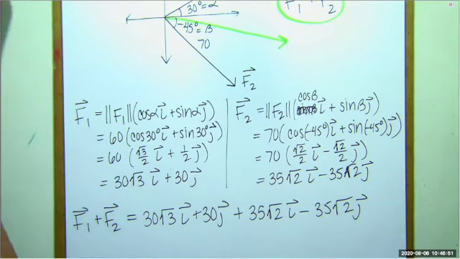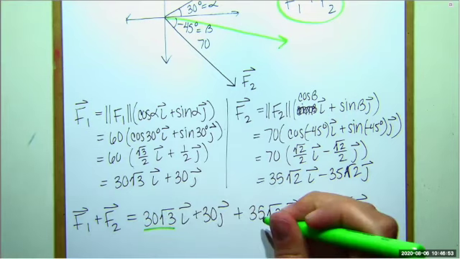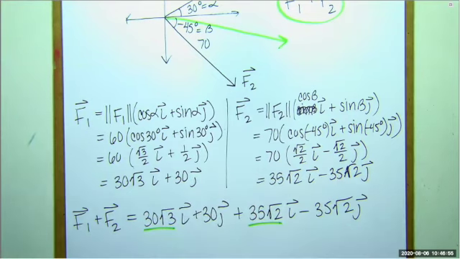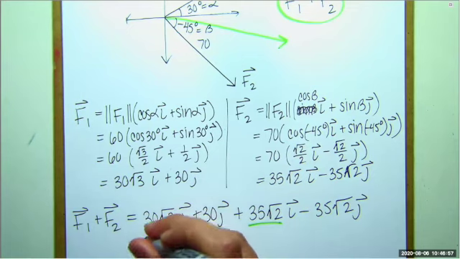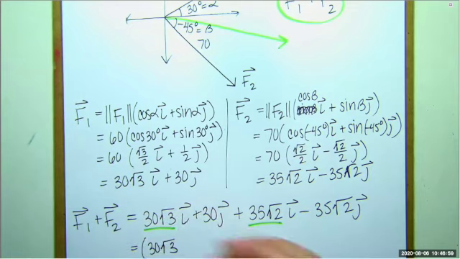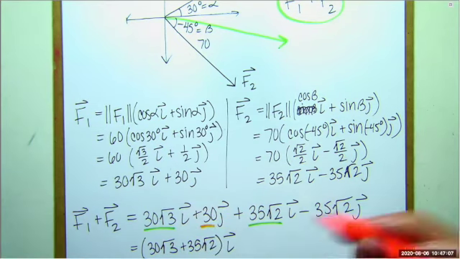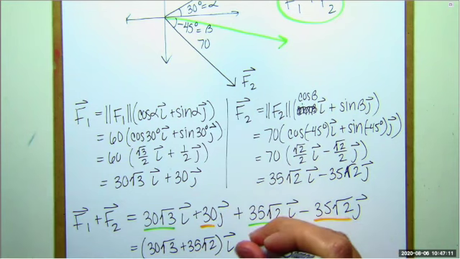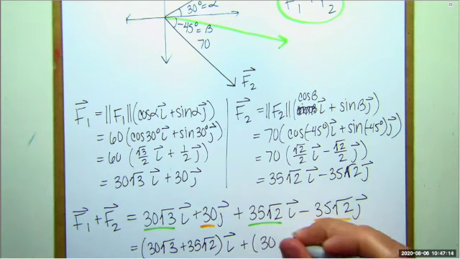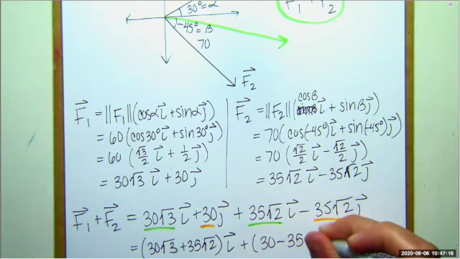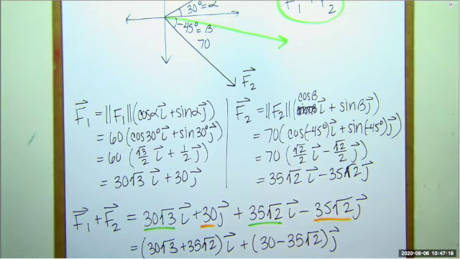So let's add up our horizontal components. So our horizontal component is going to be 30 root 3 plus 35 root 2 i. Then we'll add up our vertical component. So I have a 30 and a minus 35 root 2 j.